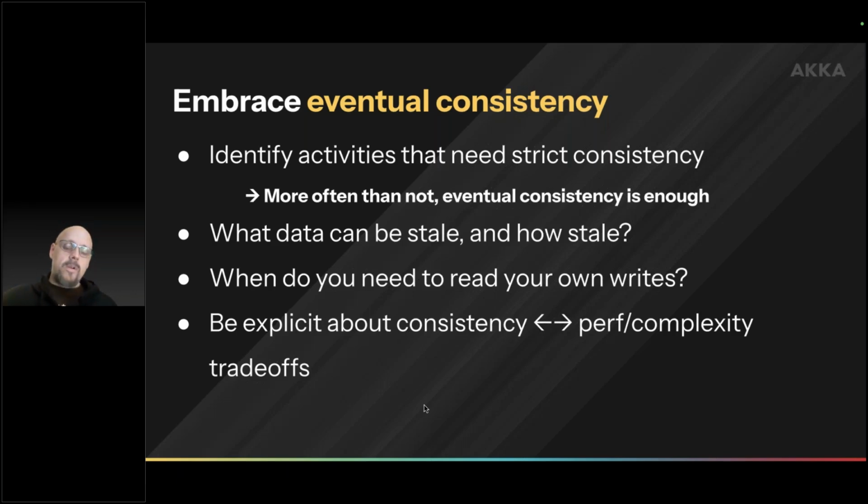But embracing eventual consistency forces us to decide which things need strict or strong consistency and which things don't. And if you've used a social networking app and you've hit like on something and that doesn't actually appear until a little bit later, you've seen eventual consistency.